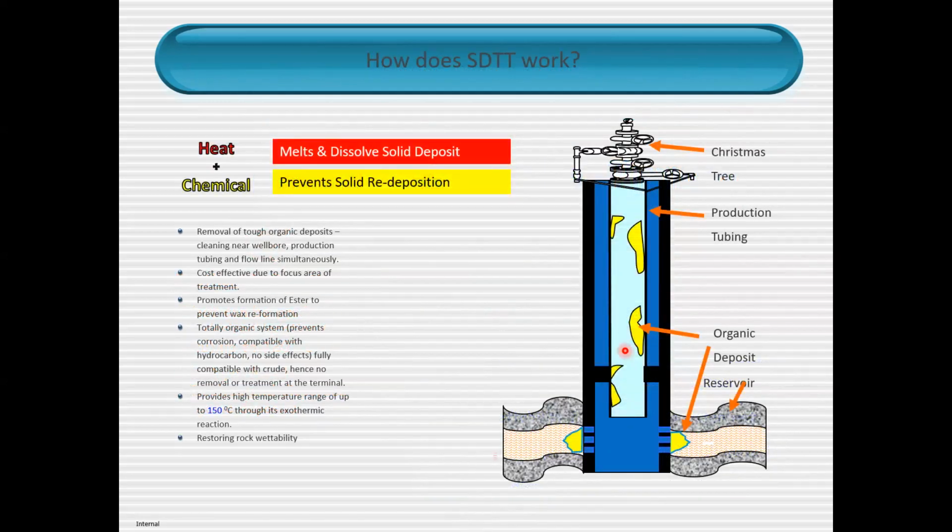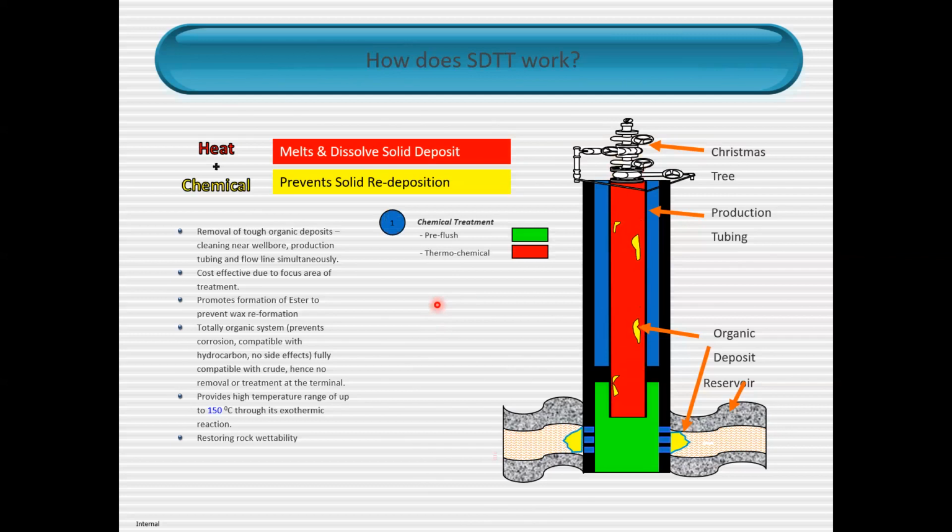Okay. This is just some animation of how this SDTT, or even Solid Cleanse, works. For the chemical treatment, you inject the pre-flush, then comes the chemical system, then the post-flush to push the thermochemical into the near wellbore.